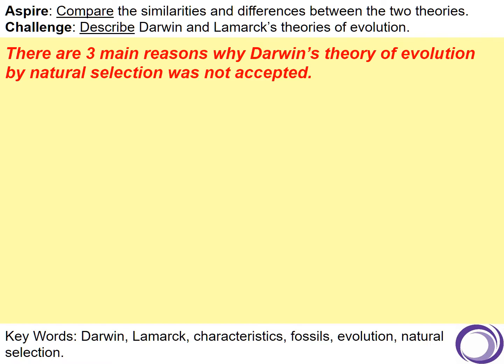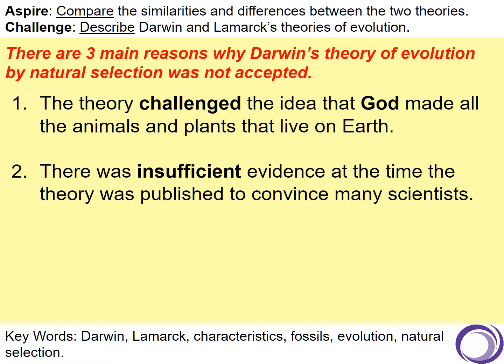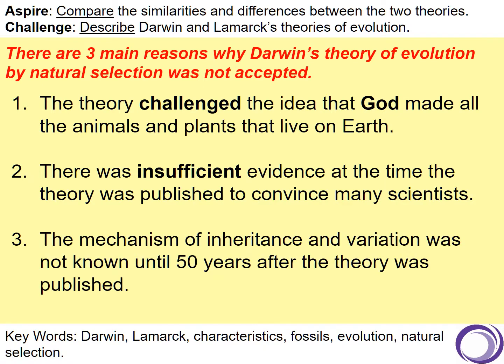The main reasons that Darwin's theory of evolution by natural selection was not accepted are: the theory challenged the idea that God made all animals and plants that live on Earth. There was insufficient evidence at the time the theory was published to convince many of the world's scientists. And the mechanism of inheritance and variation was not known until 50 years after the theory was published.